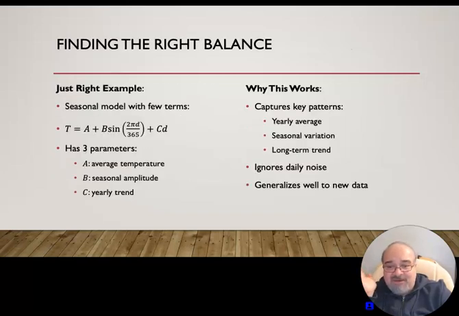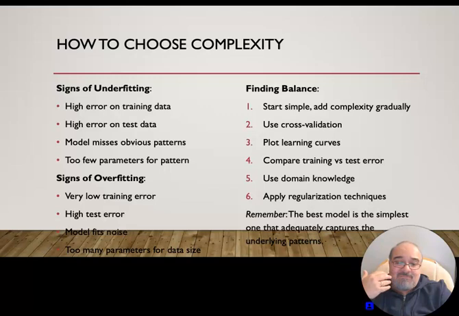You have to find the right balance. And the just right model balances this idea of complexity with generalization. In this case, it has just enough parameters to capture the important patterns like the seasonality and trend, but not so many that it also captures the noise in the data. And if it doesn't do that, then it'll generalize well to new data.